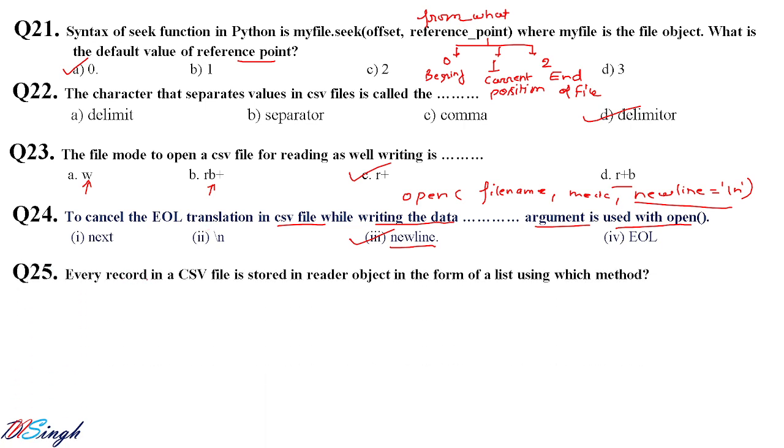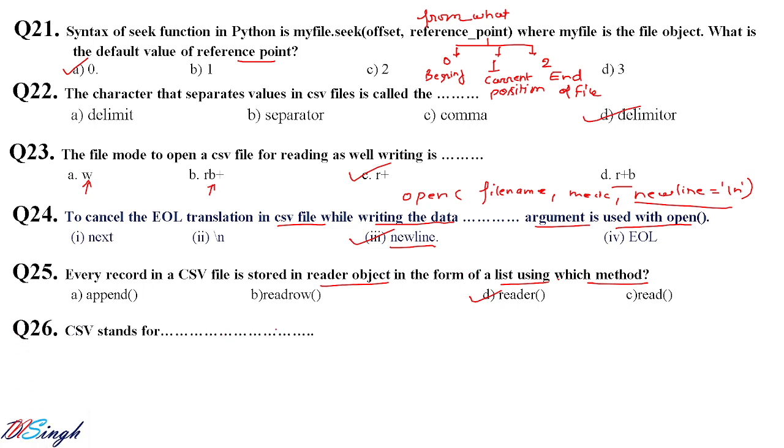Every record in a CSV file is stored in a reader object in the form of a list using which method? There is a method called reader, which is used to store all the records in a CSV file in the form of a list in the reader object.